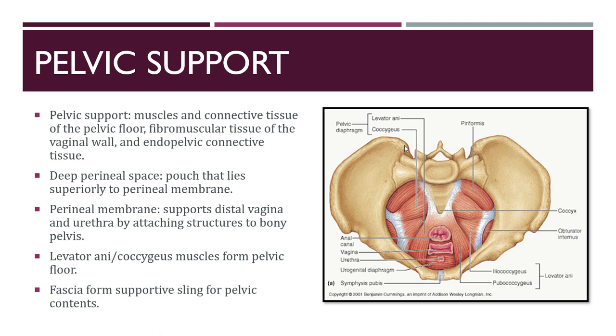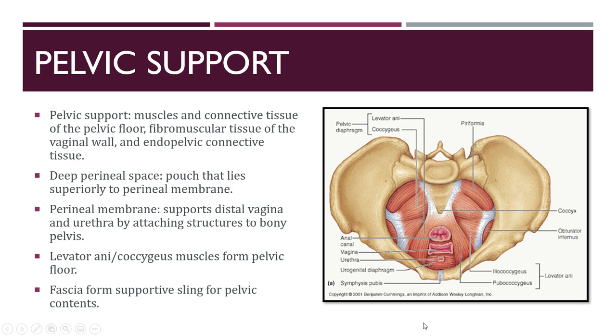And when you're looking at plain anatomy and physiology, the deep perineal space is the pouch there on the perineal membrane. This diagram does not show that as well as some of the others in your text do. And it talks about the perineal membrane and the supporters there. I'm most interested, though, that you understand these things called the levator, as in elevator. Okay? These, when contracted, elevate the pelvic floor.